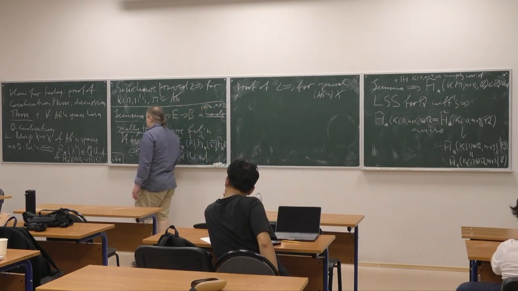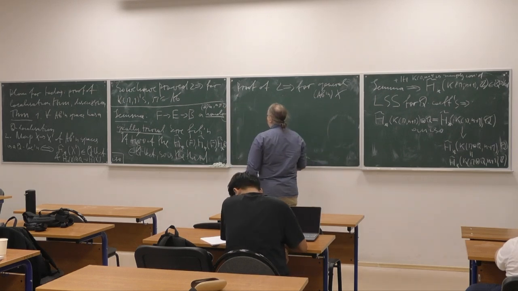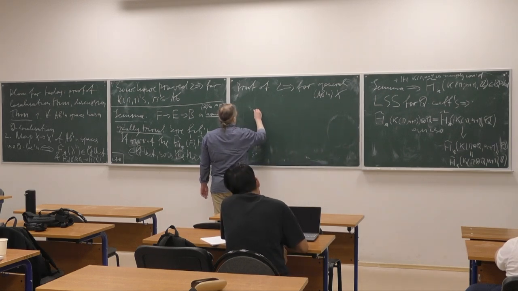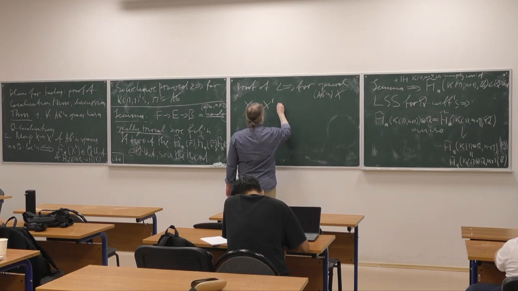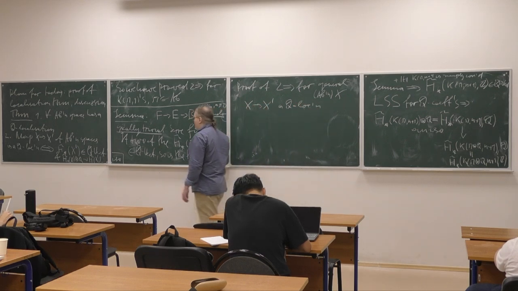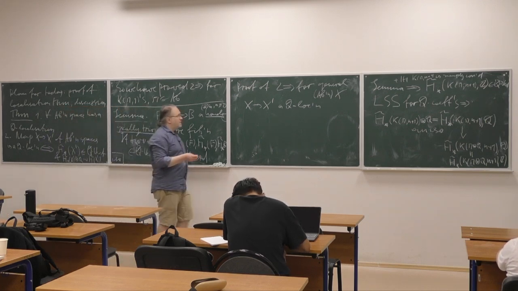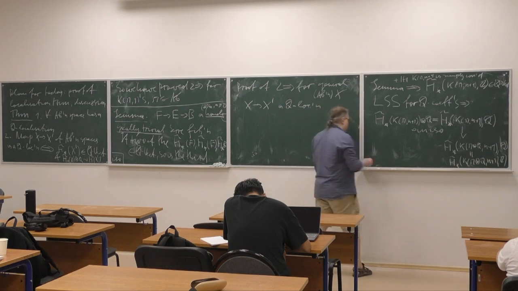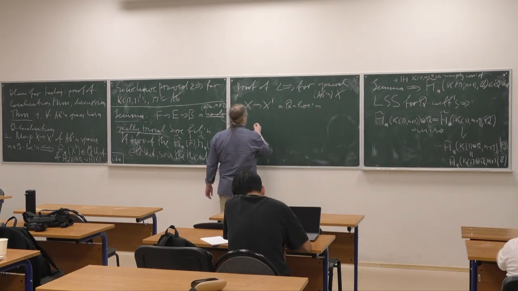So for general abelian X, we have a Q localization, and we need to prove what we've just proved for Eilenberg-MacLane spaces.